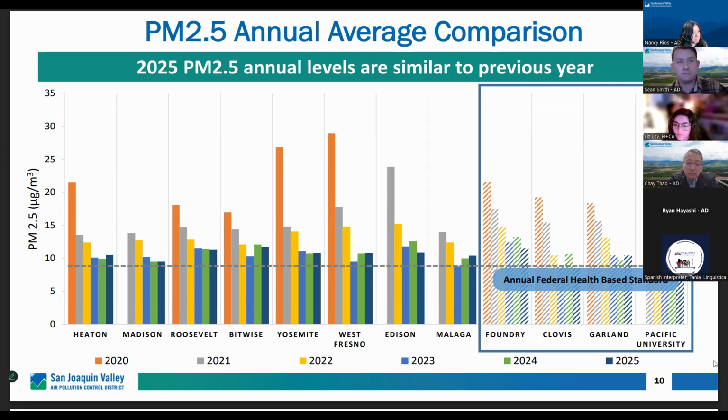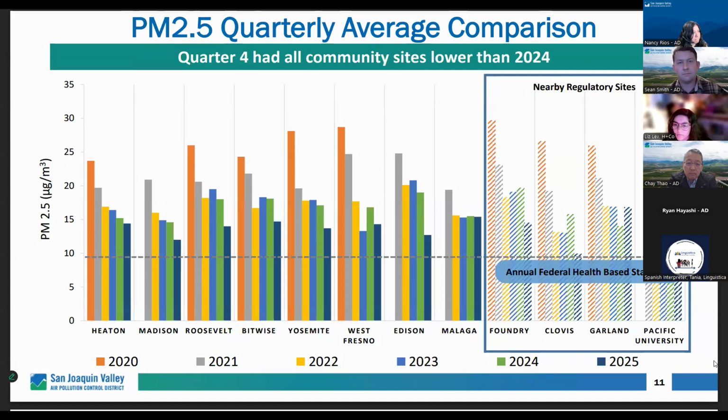Next slide, please. So now we've looked at the bird's eye view of the entire year. This slide is very similar, but instead of the entire year, it's just the quarter average comparison. And in Q4 of the Fresno sites, we had all community air monitoring sites lower than the previous year, which was 2024.